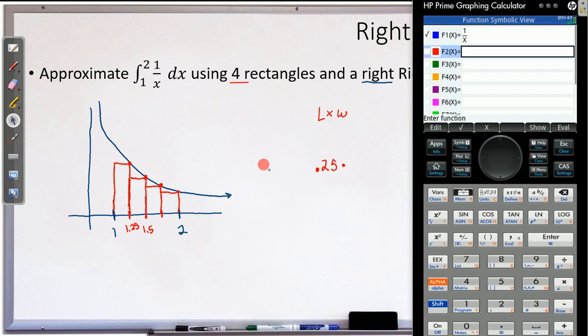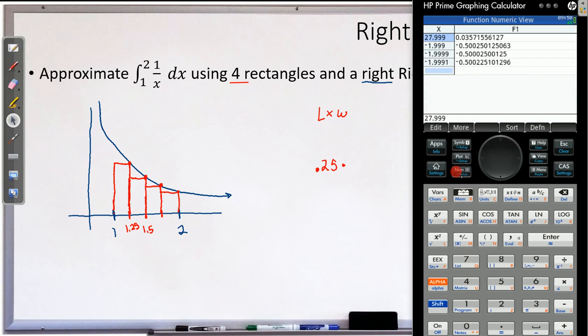And because I'm going to plug in a couple of values, I'm just going to go to the table and type them all in. So I don't care about the 1 actually, but I'm going to put it there anyways. And then I need 1.25, and I'm going to put 1.5, and then 1.75, and 2.